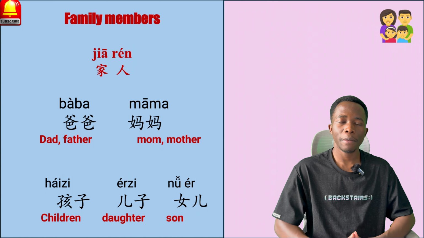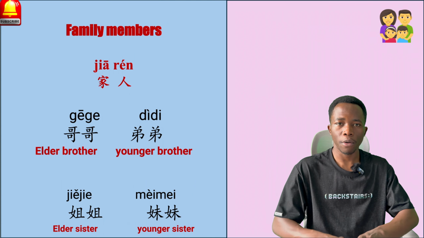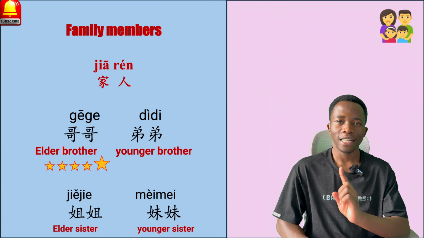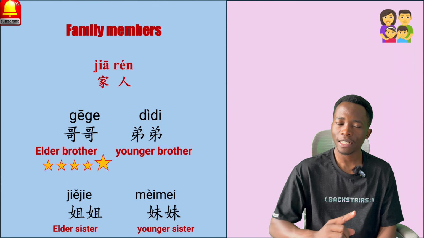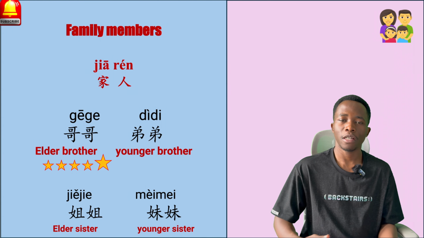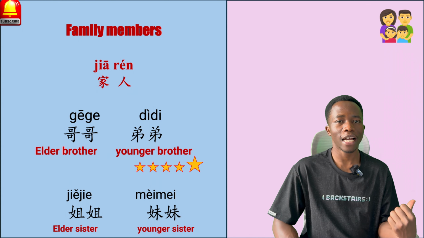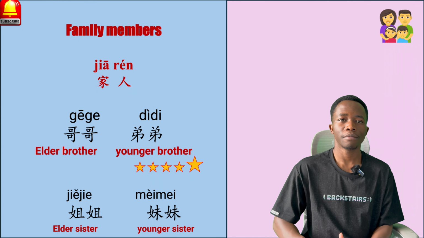Talking about family members, they are the people you were born with in the same family, siblings. The first one is 哥哥, elder brother. And the younger brother is 弟弟.